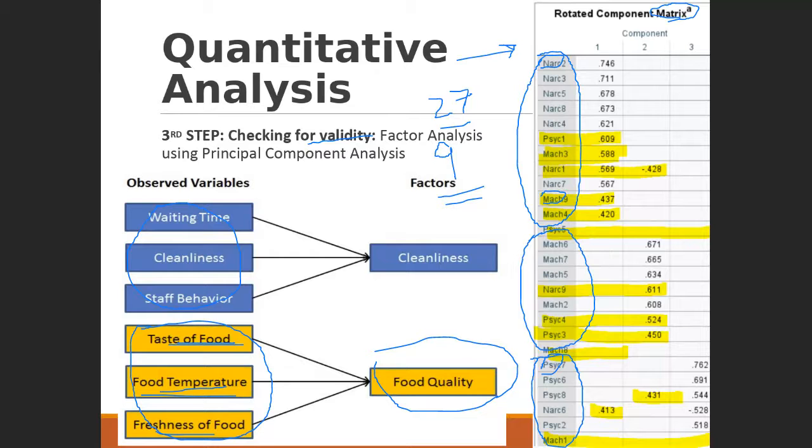Okay, but in this particular case, it shows that the first question of psychopathy, you see, PSYC 1, is in the column of narcissism. The third question of Machiavellianism is in the column of narcissism. The ninth question and the fourth question of Machiavellianism are again in the column of narcissism. This is trouble.